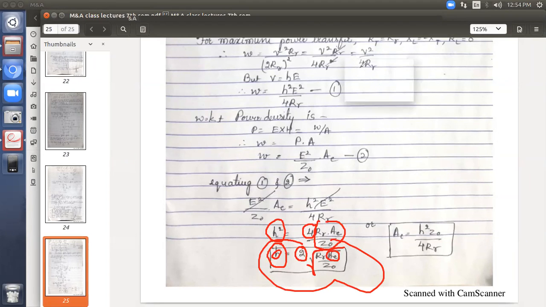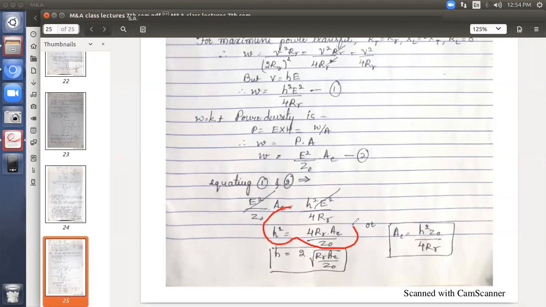Or what you can do, take this equation and find the equation for AE. So AE is equal to H square Z naught divided by 4Rr. So you can write it both ways, just like Aem and D. You can express AE in terms of D or vice versa. So this is the relationship between AE and H.